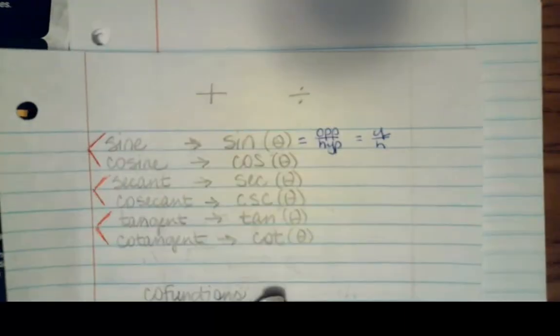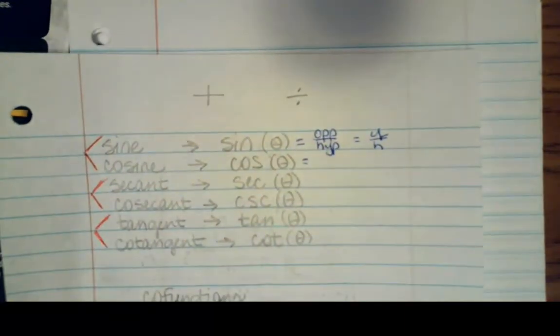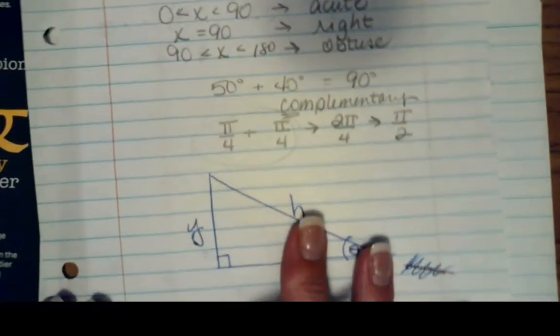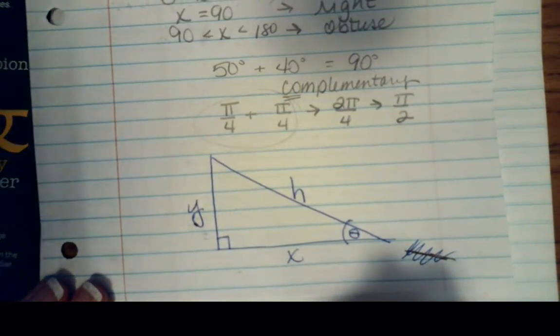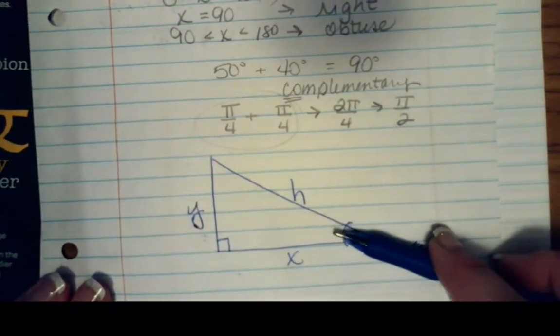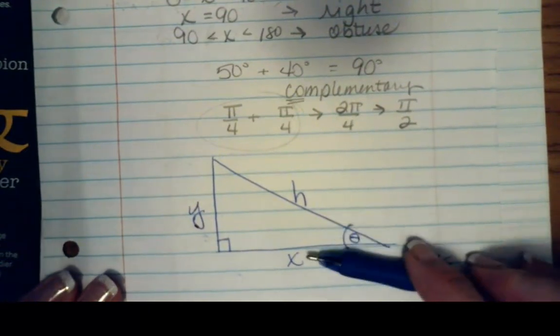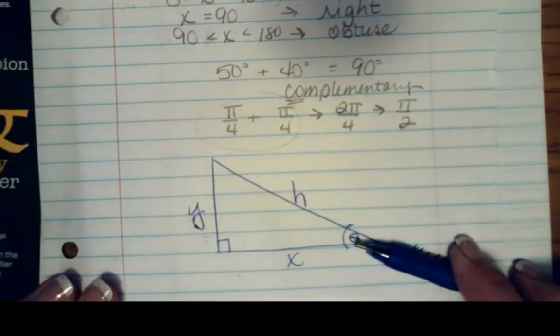Okay, cosine is going to be adjacent over hypotenuse. So when I ask you for the cosine of an angle, what I'm asking you to find out is, what is the ratio of the adjacent side to the hypotenuse. So if this is theta, I've got two adjacent sides. I've got two sides that this angle creates.